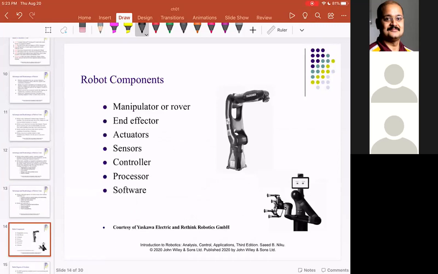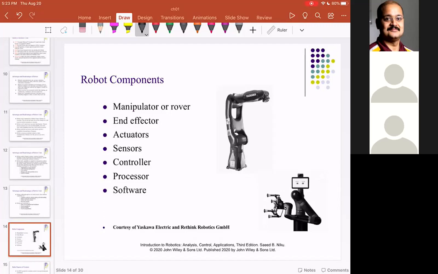So what are the major components of a robot? Here we are showing you a simple articulated robot. You have a manipulator, and you have an end effector. You can think of the end effector as something used for grasping, like your fingers or hand. You have actuators.